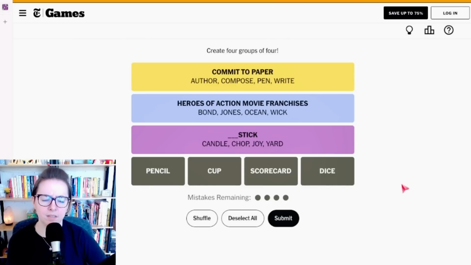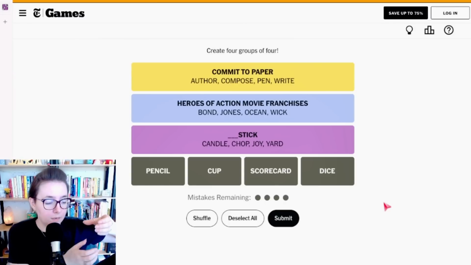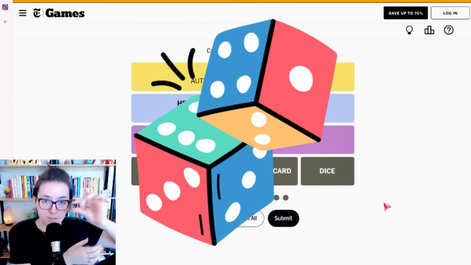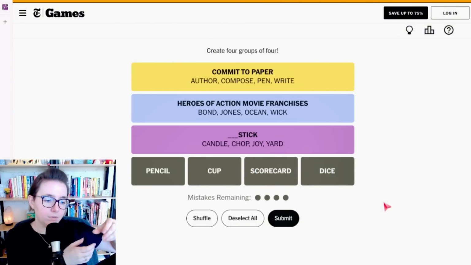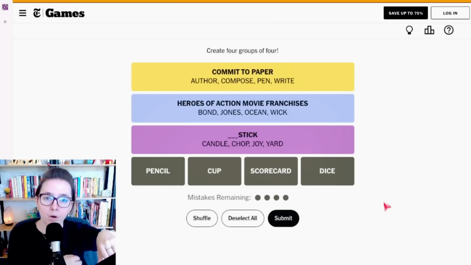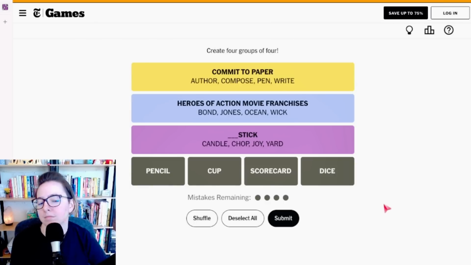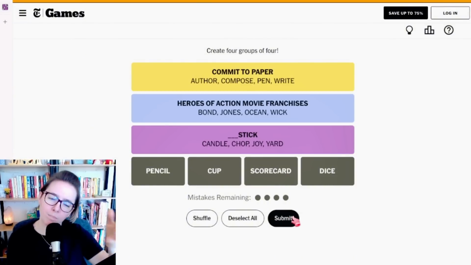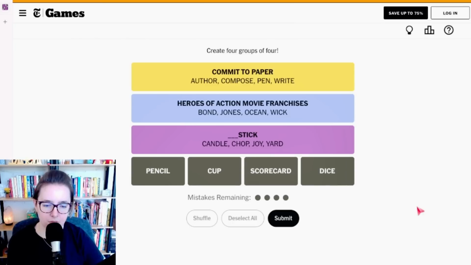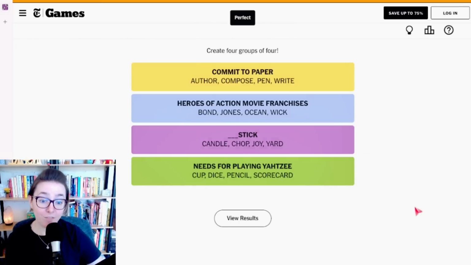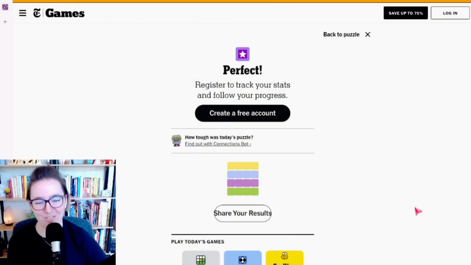I don't know if it is that specific, but there's a game called Yahtzee where you use a cup and you put 5 dice into the cup. You shake it, you pour it out, and you record your score on a scorecard with a pencil. So let's see. So parts of a game is my guess. Oh, it's specifically Yahtzee. Okay, fantastic.